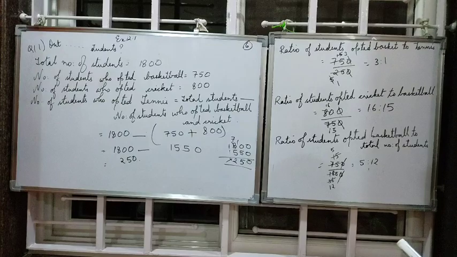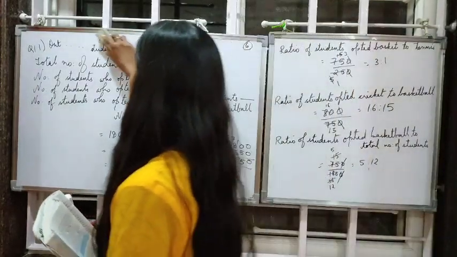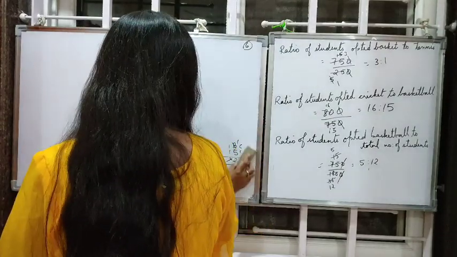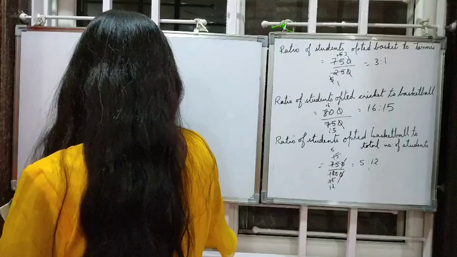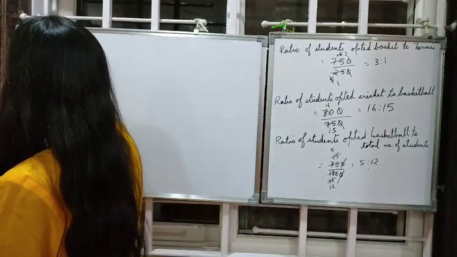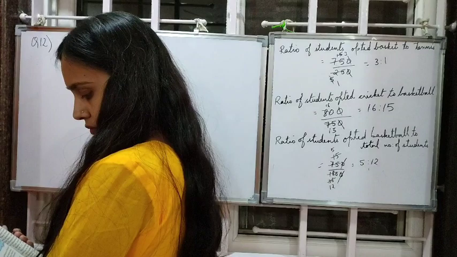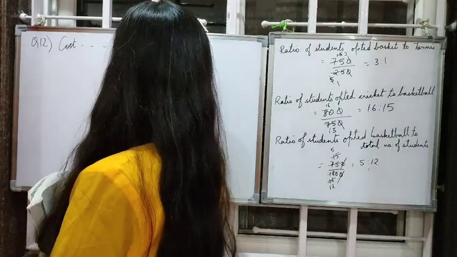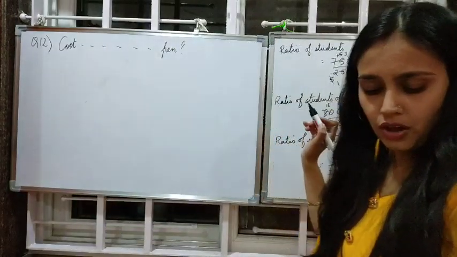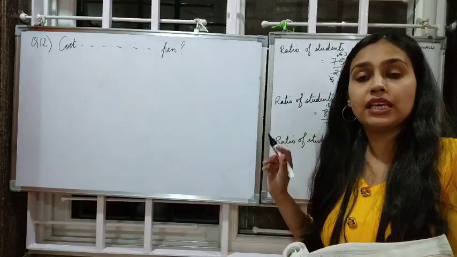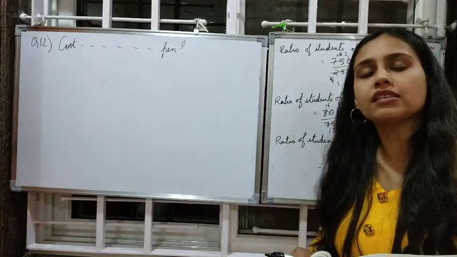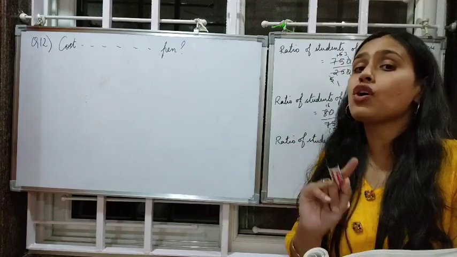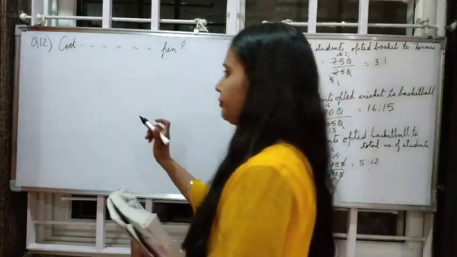Then we go to the 12th one. The cost of a dozen pens is rupees 180. A dozen means 12, so the cost of 12 pens is given.